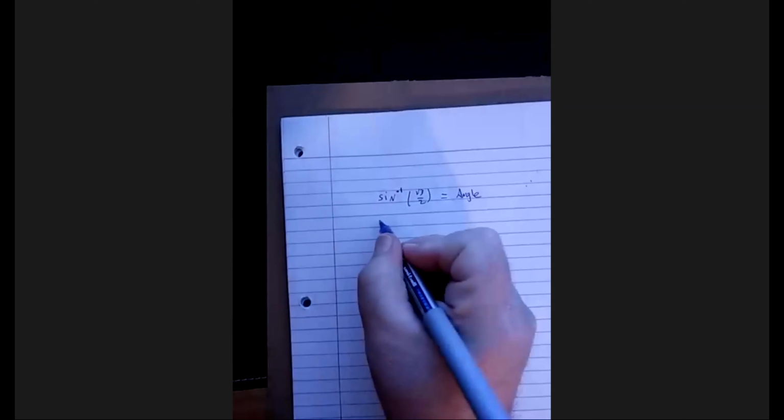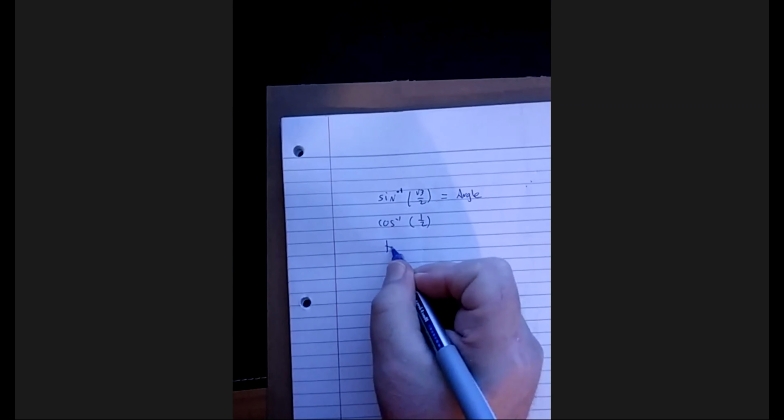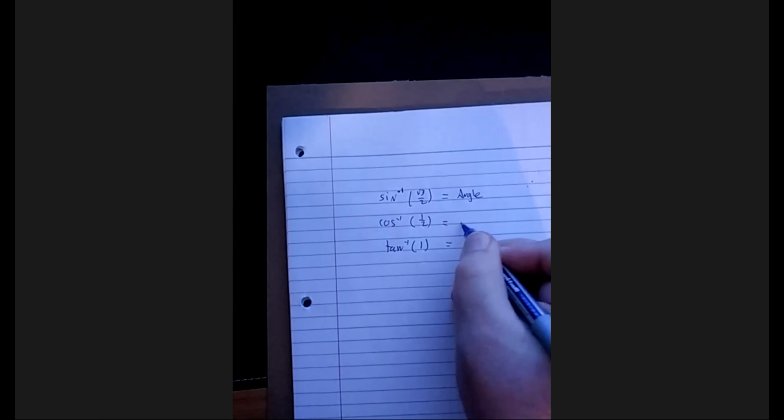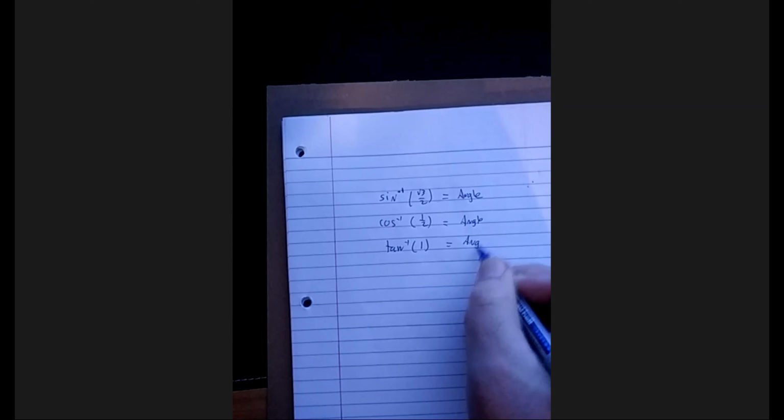So if anybody asks you to find the inverse cosine of a half, or the inverse sine of root 3 upon 2, or the inverse tan of a number like 1, the answer you're going to give is the angle they would have.